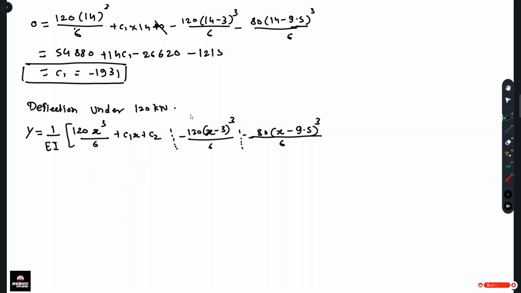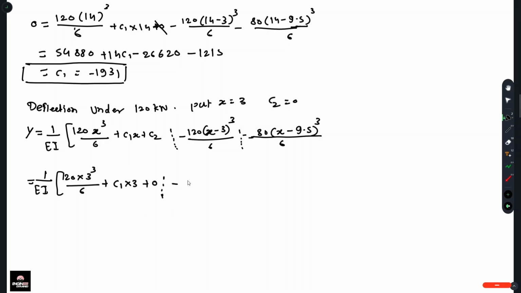Now the deflection under the load of 120. The distance of the 120 load from RA is 3, so put x is equal to 3 in this equation and we get y is equal to 1 upon EI times 120 multiplied by 3 cube upon 6 plus C1 multiplied by 3 plus C2, which is 0, minus 120 times 3 minus 3 cube upon 6, minus 80 times 3 minus 9.5 cube upon 6.